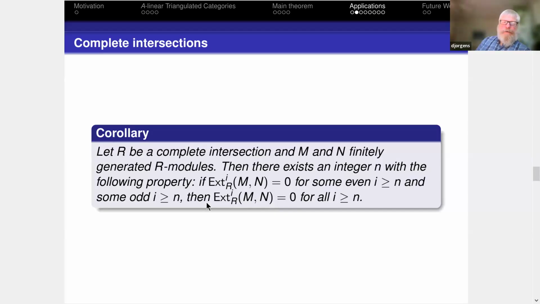So a corollary of the main theorem then is: if R is a complete intersection and M and N are finitely generated R-modules, then there exists an integer n with the following property. If Ext^i(M,N) is equal to 0 for some even i and some odd i greater than or equal to n, then in fact all the Ext^i must vanish for i greater than or equal to n.